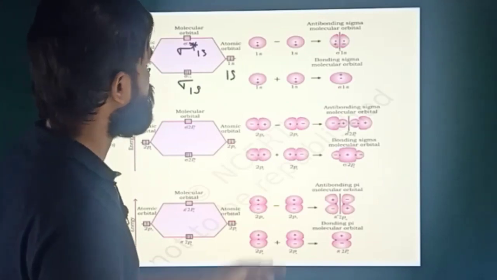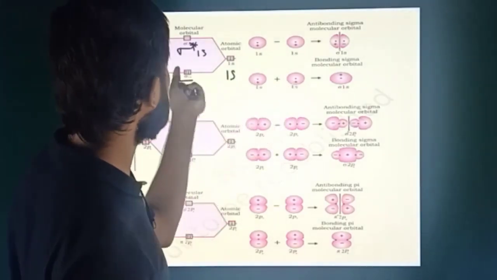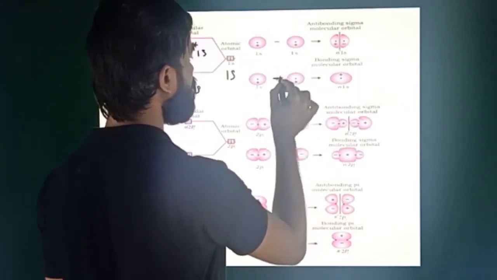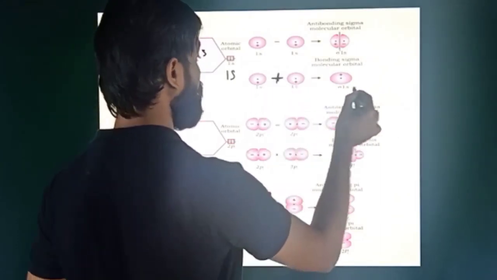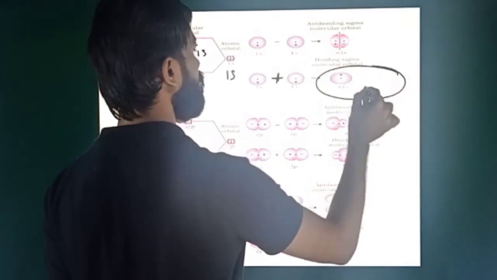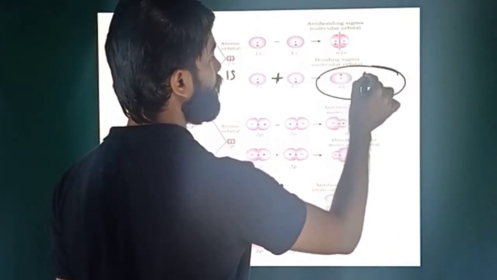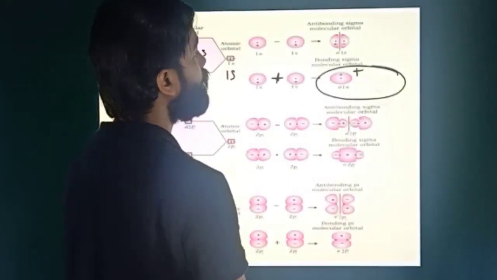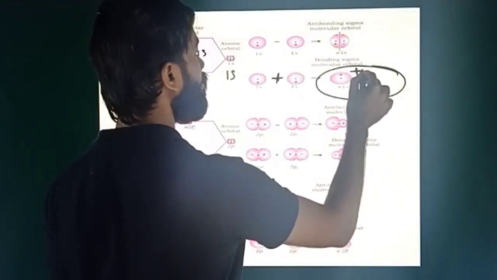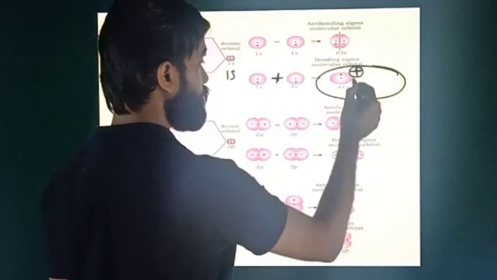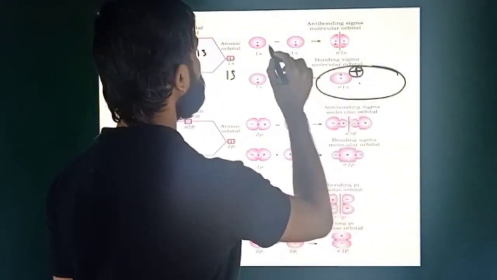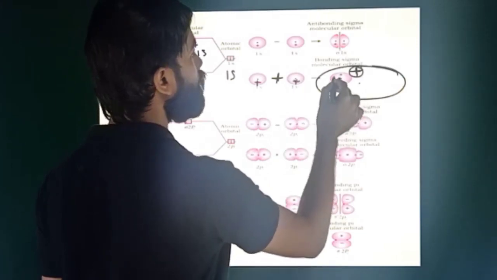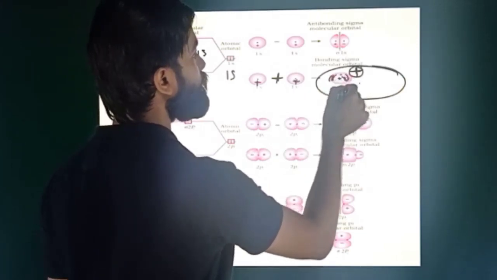When these two orbitals undergo additive combination, the shape of the orbital will be like this. Here is the nucleus, with the positive lobe, which means the positive cloud of this s orbital, and electrons are surrounded around the nucleus.